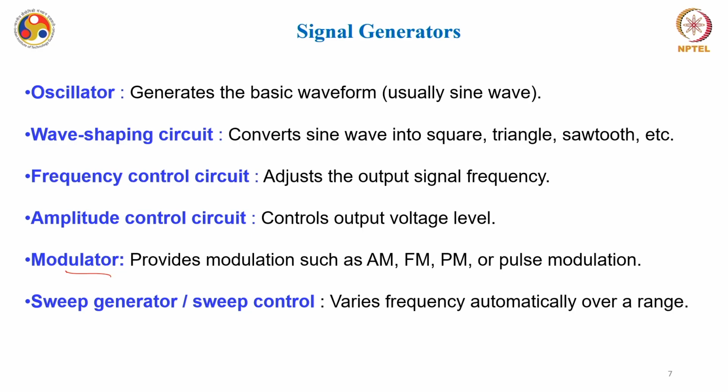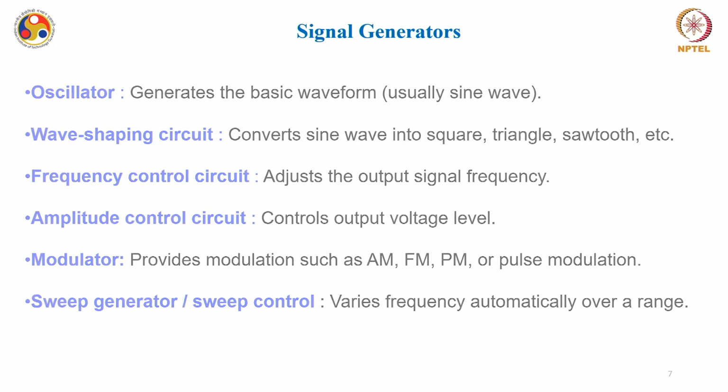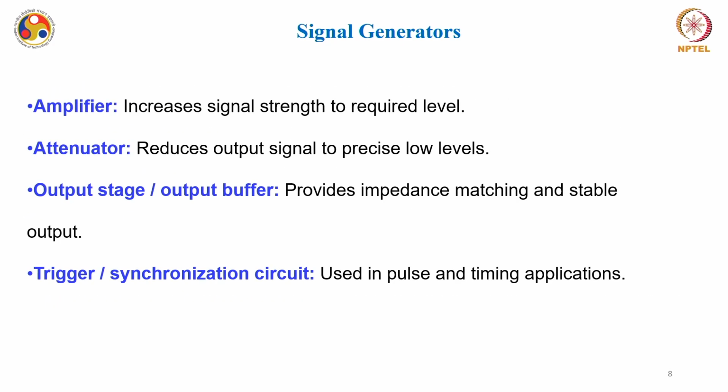These signal generators have sweep generators, which are themselves a kind of signal generator that can produce variable frequencies over a certain range. It has amplifiers to increase signal strength to the required level and also attenuators to reduce the output signal to precise low levels.